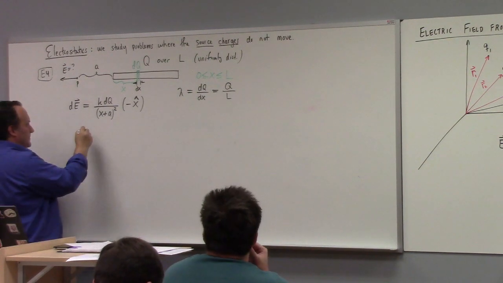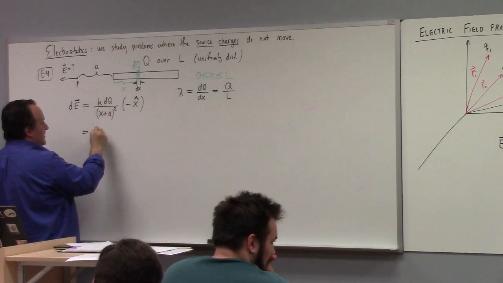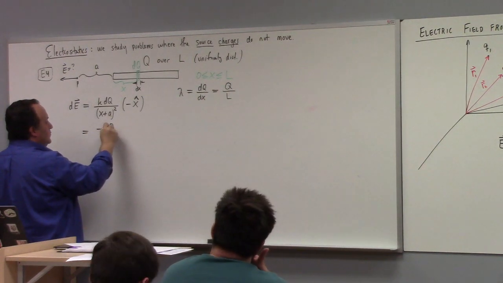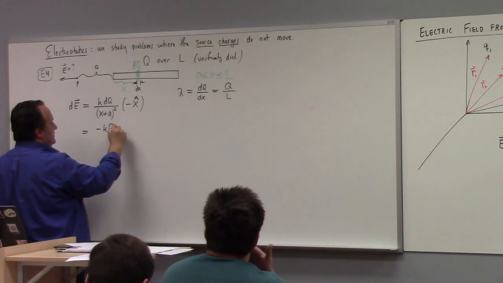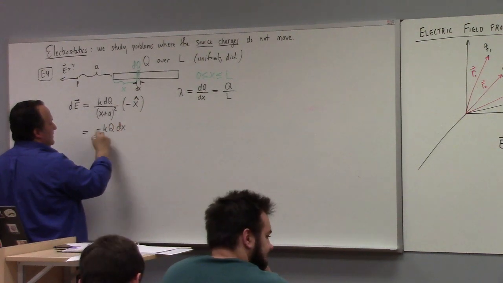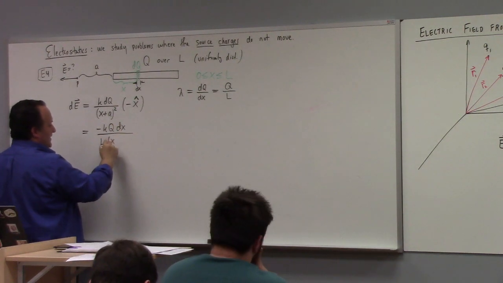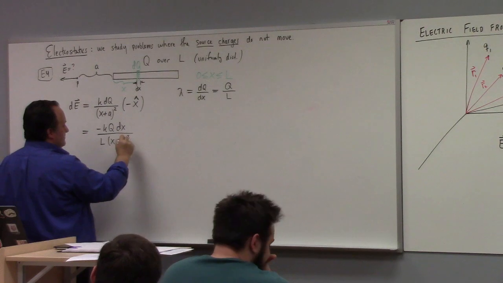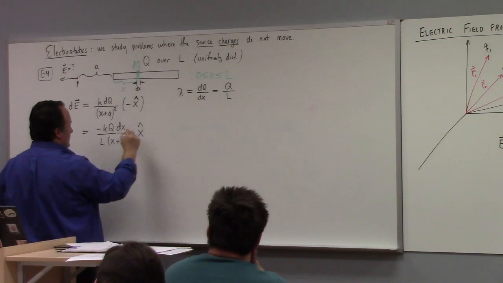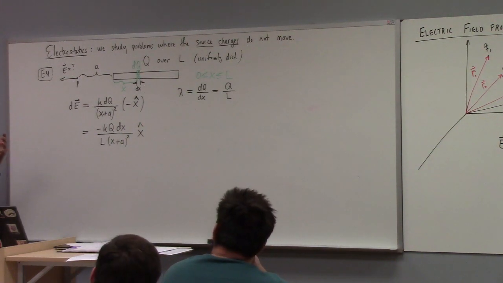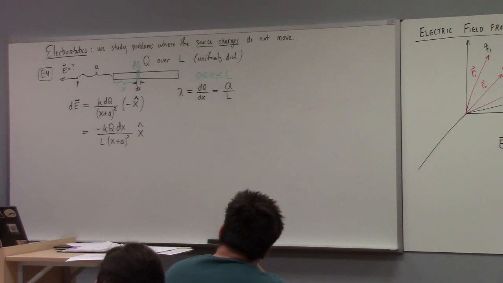And so in short, we can replace this with minus k big Q dx over L times (x plus a) squared. And of course that goes in the x hat direction, right? That's the infinitesimal electric field from that little bit of charge. And to find the net electric field, we simply take the continuous sum of this.